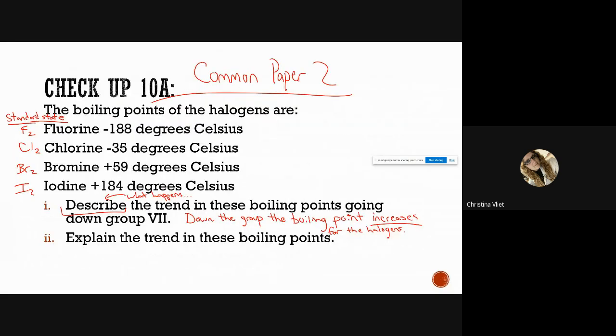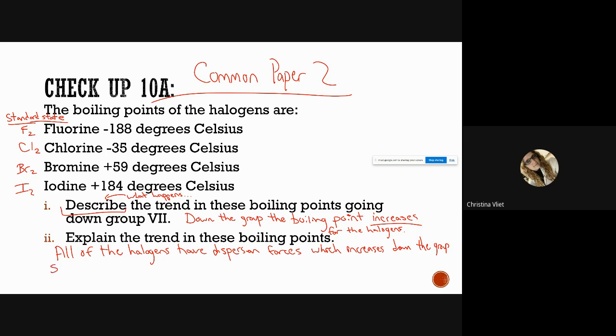So the trend is all of the halogens have dispersion forces, which increase down the group. Why? Since there are more electrons in the elements further down the group.